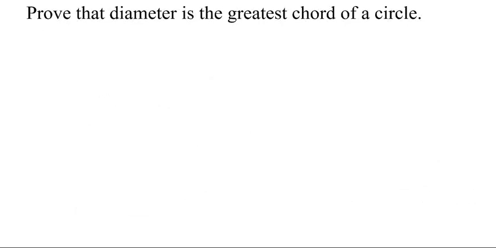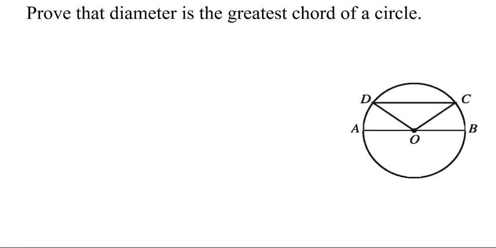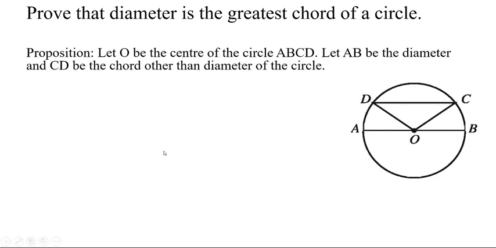Prove that the diameter is the greatest chord of a circle. To prove this, we must know that in a triangle, the sum of two sides is greater than the third side. First of all, see this figure. The proposition is: let O be the center of the circle ABCD.